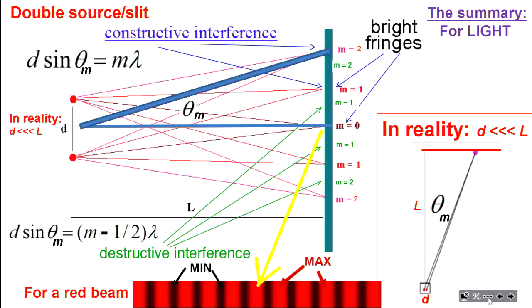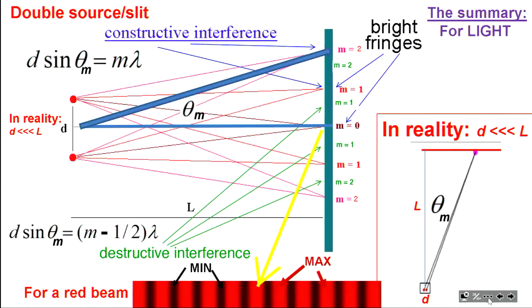The expression which tells us at which angle we should look from the location of the device to see a maximum or a minimum is given by these two equations. On the top, that's the condition for constructive interference, for the maximum.